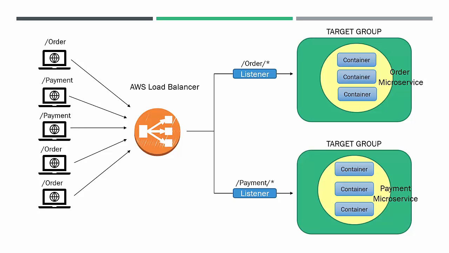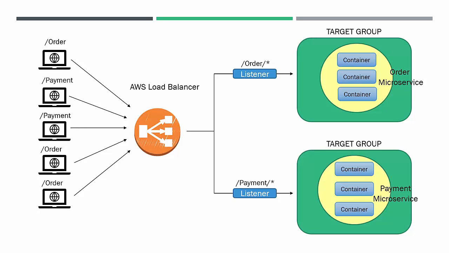So here on the left side, these are the web requests coming from different browsers. We have a sample: requests for slash order, slash payment, and so on.